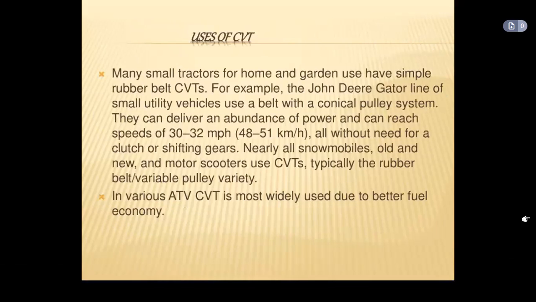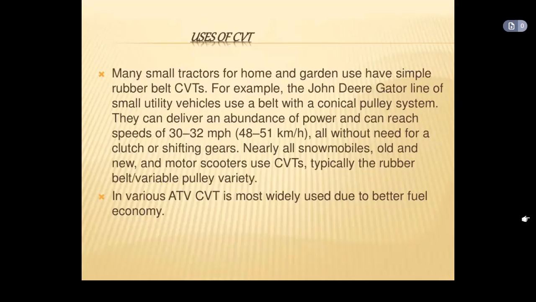Again, if we see the uses, many small tractors for home and garden use have simple rubber belt CVTs. For example, the John Deere line of smaller utility vehicles uses a belt with a conical pulley system. They can deliver an abundance of power and can reach speeds of 30 to 32 miles per hour, that is 48 to 51 kilometers per hour, all without need for a clutch or shifting gears.